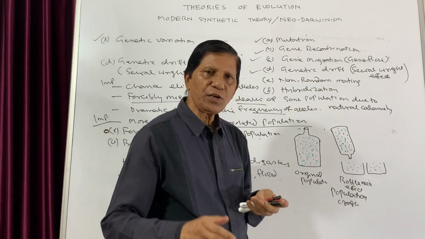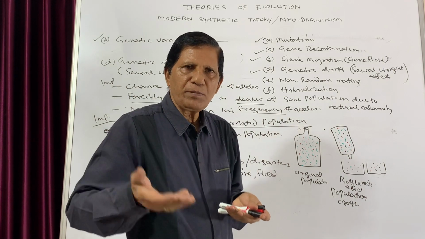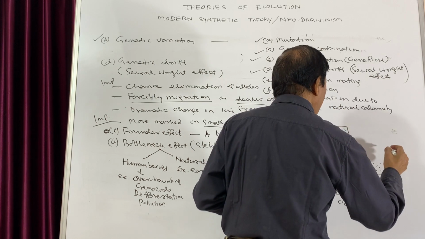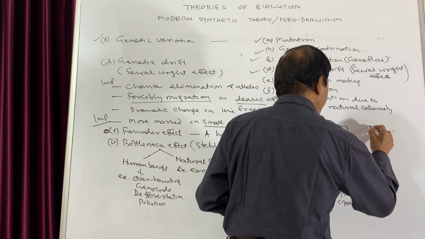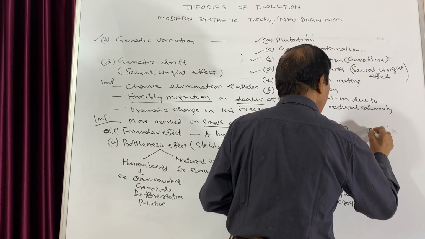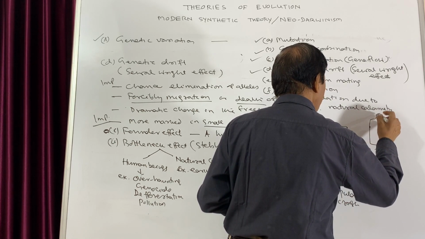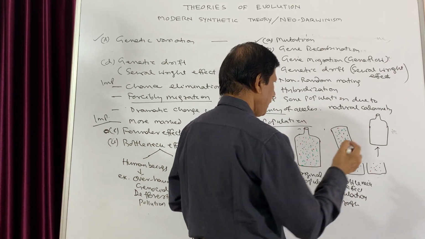Now this population will grow, multiply, and reproduce. So ultimately what will happen when it multiplies?